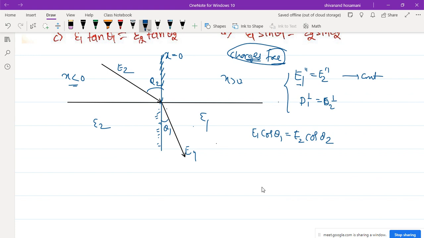Then what about the second condition, D1 perpendicular equals D2 perpendicular?